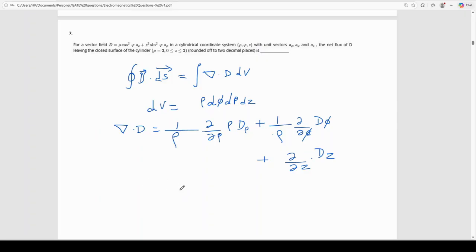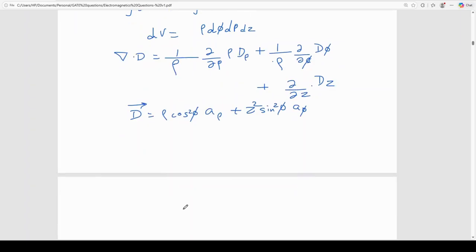Now, D is given as rho cos squared phi a rho plus z squared sin squared phi a phi, and no z component.